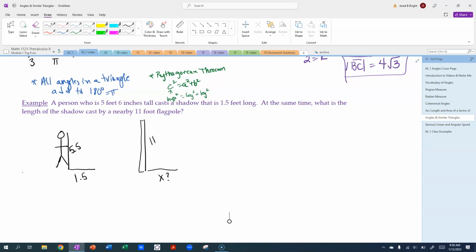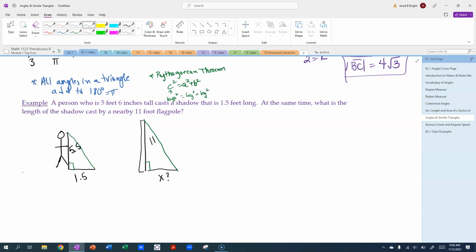Okay, so how do I do this? Well, let's see if we can see this as a triangle. If I connect the person's head to the tip of the shadow and the top of the flagpole to the tip of the shadow, I have a right triangle. Can I justify that these are similar?